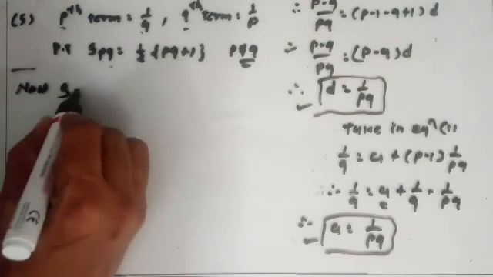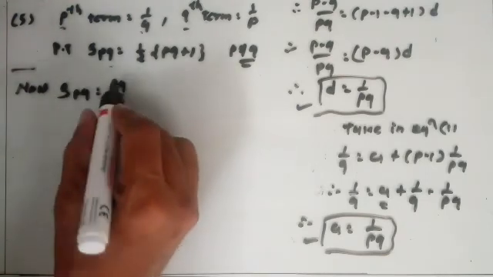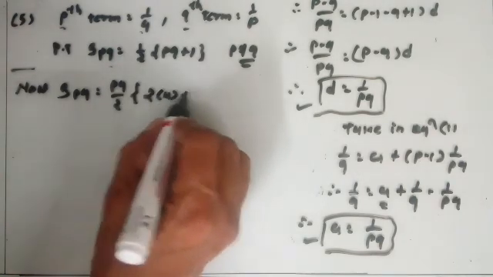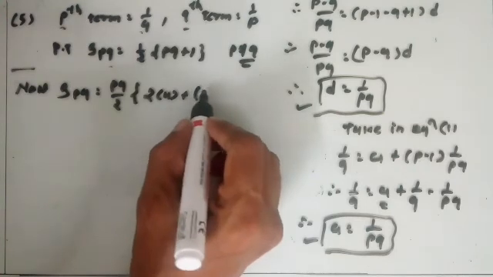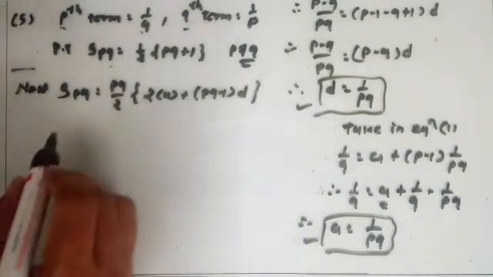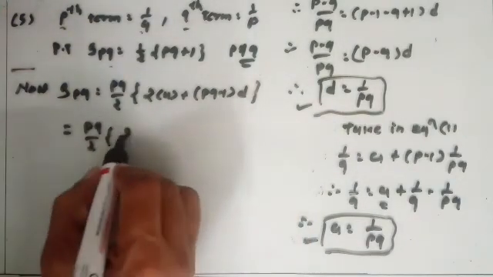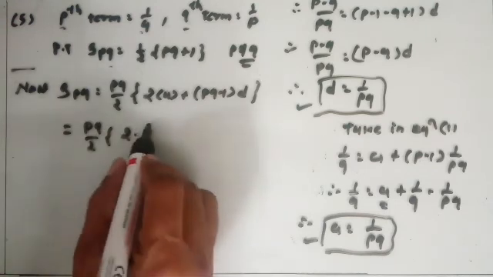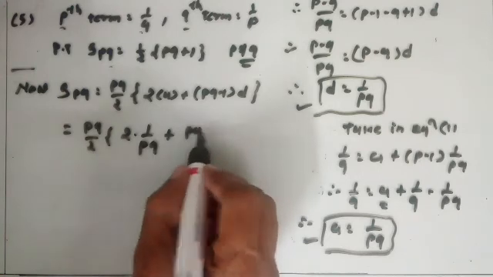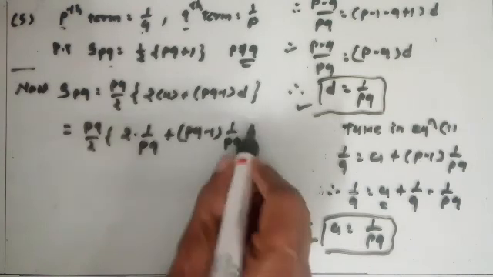Now, the sum of PQ terms is equal to, we know, PQ upon 2 into 2A plus PQ minus 1 into D. So it is equal to PQ upon 2 into A, the value of A is 1 upon PQ, plus PQ minus 1 into D. D is also equal to 1 upon PQ.